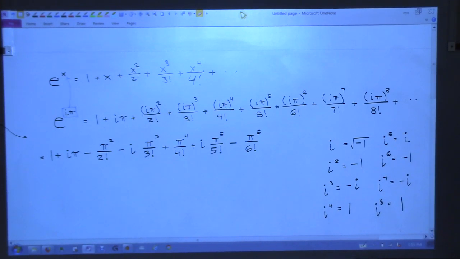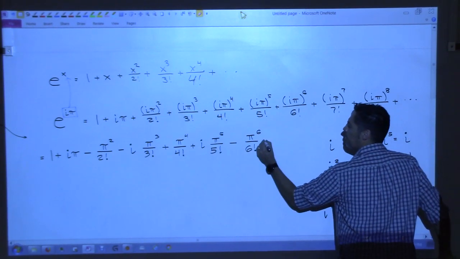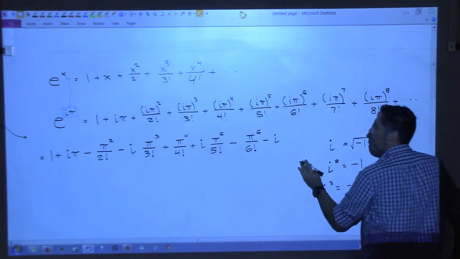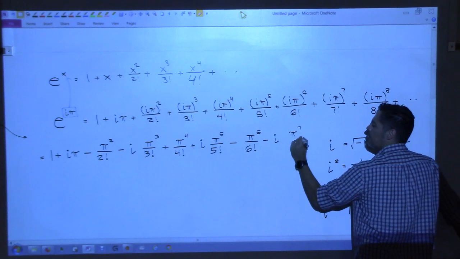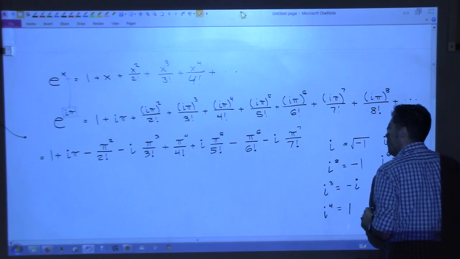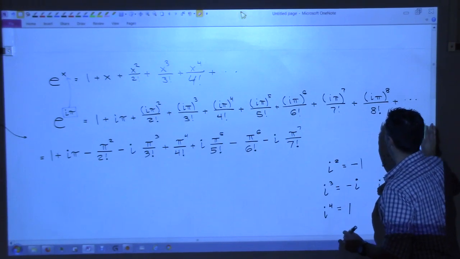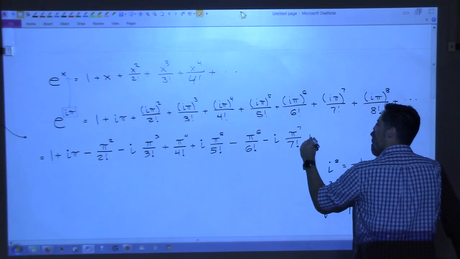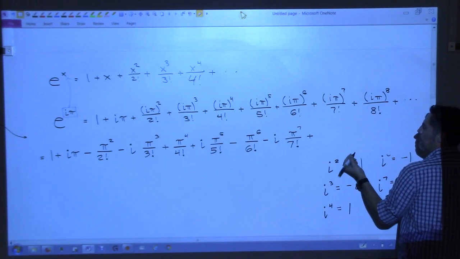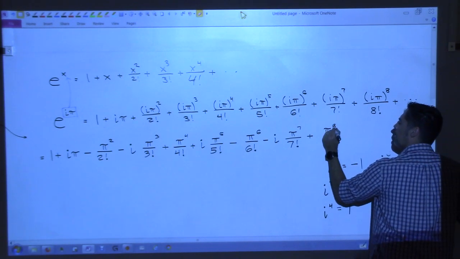What about i to the 7th? Negative i. So I'm going to write negative i and then what? Pi to the 7th over 7 factorial. One more. What was i to the 8th? 1. So really just what? Pi to the 8th over 8 factorial.